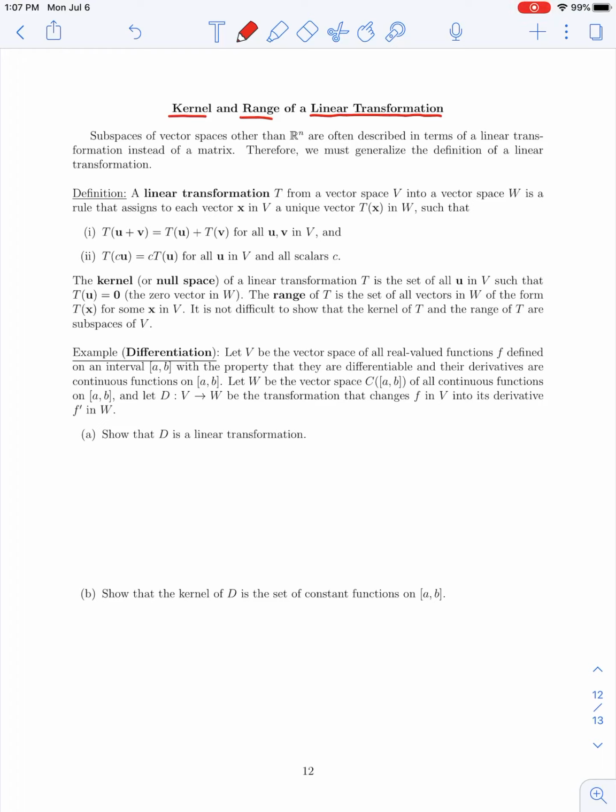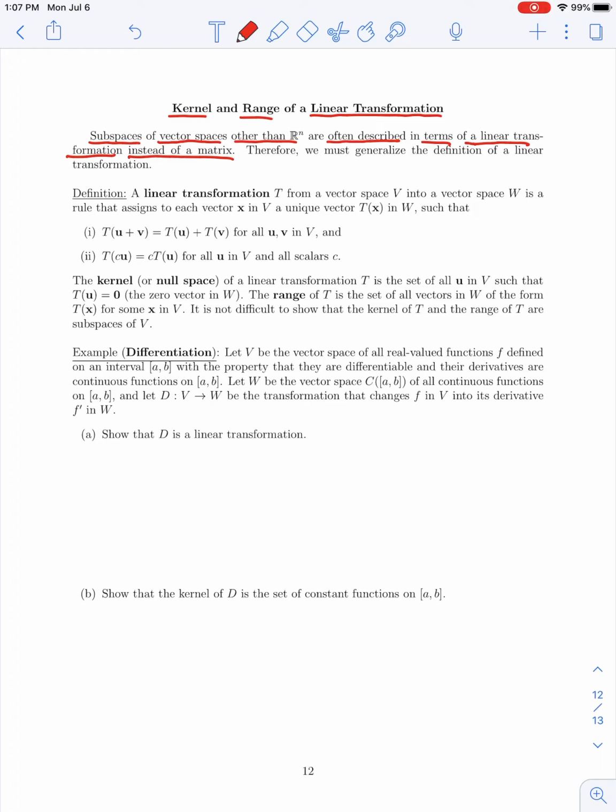So to start out our section, we'll mention that subspaces of vector spaces other than Rn, so for example, maybe a subspace of a set of matrices or polynomials or a function space, can often be described in terms of a linear transformation instead of a matrix.